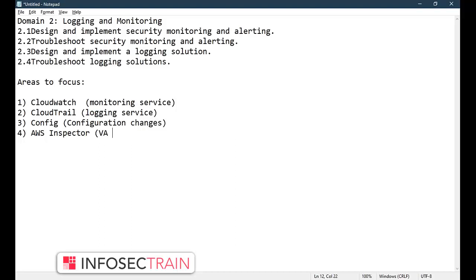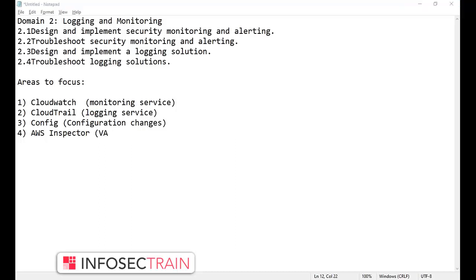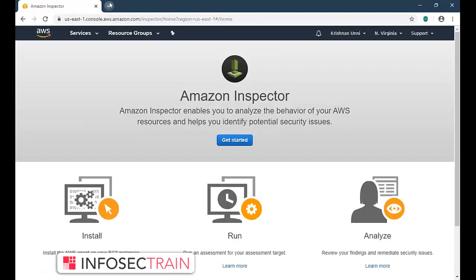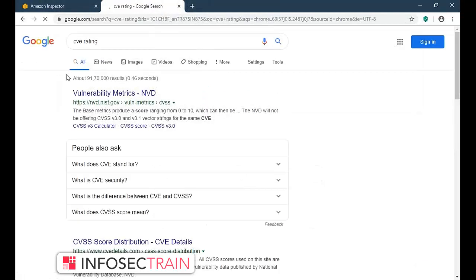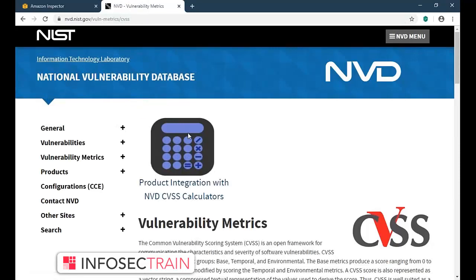Likewise, we have priorities. I'll just show you that. CVE rating means, for example, if you have a small fever, it's okay. At the same time, if you have some serious disease, you have to address it immediately, right?